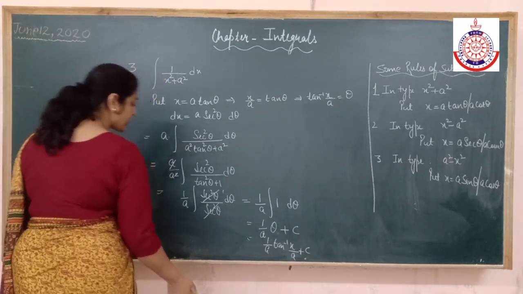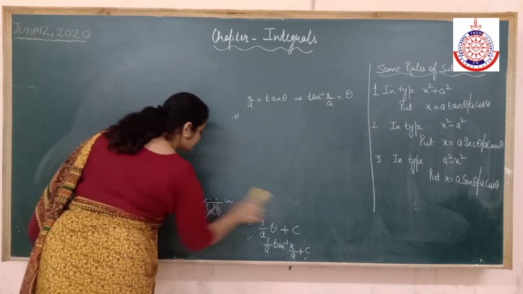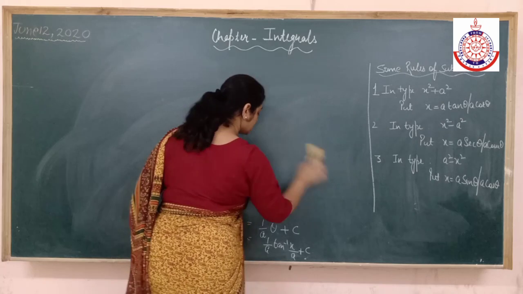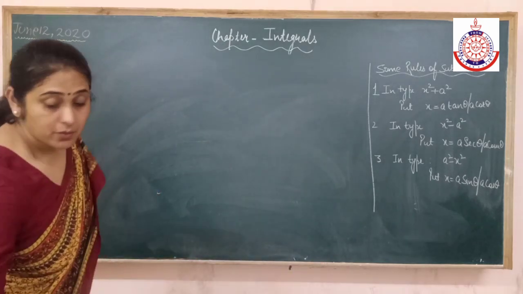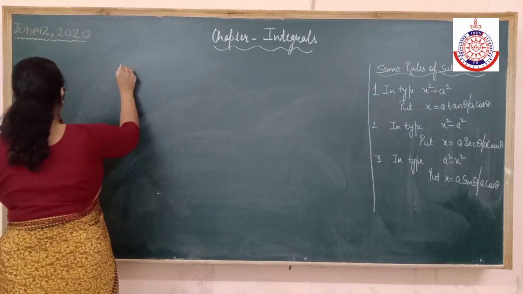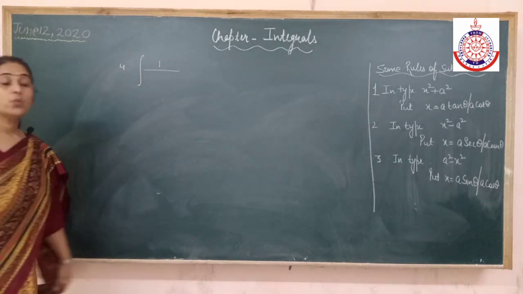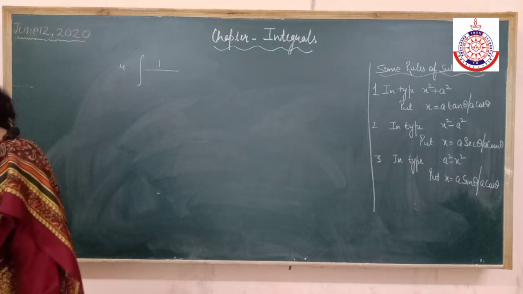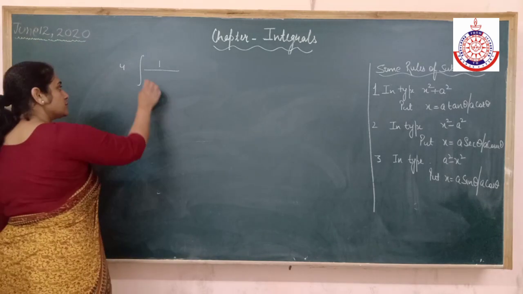Fine. Let's check the next one. Fourth. What was the fourth? Integration of x square plus a square under the root.